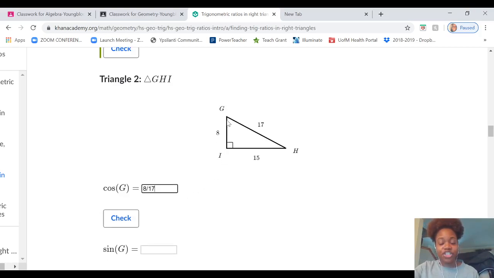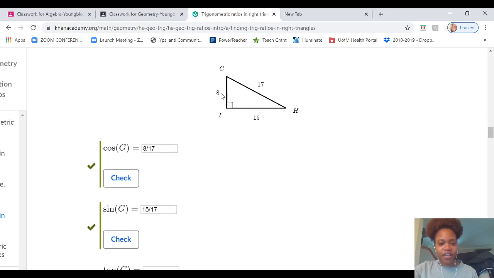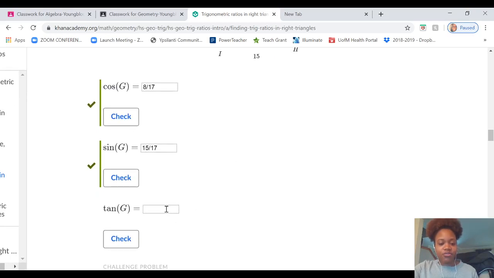The sine of G is the opposite over the hypotenuse, so it's going to be 15 over 17. Make sure you check them. And the tangent of angle G is the opposite over the adjacent, so it will be 15 divided by 8.